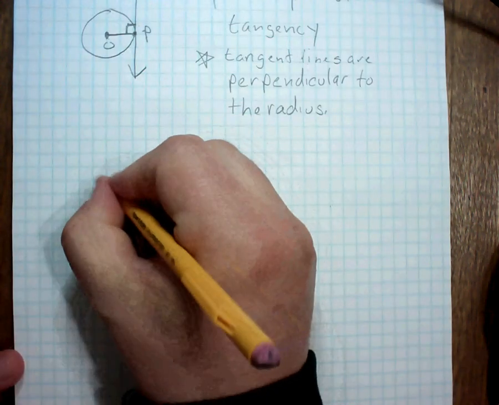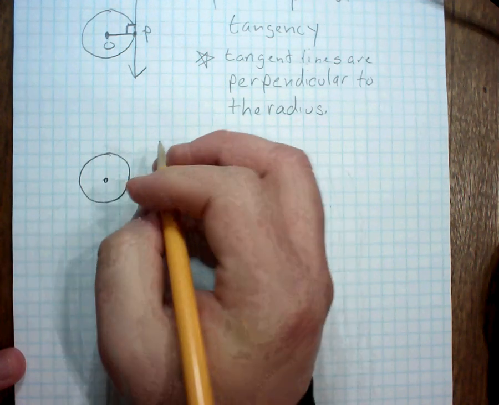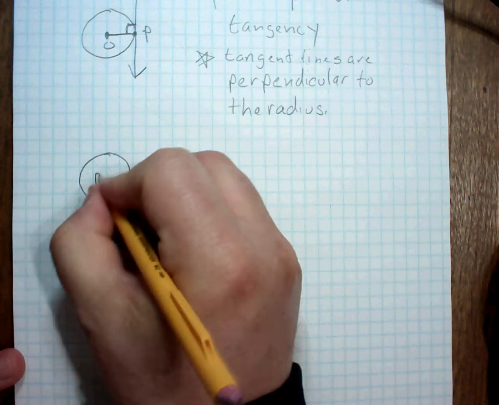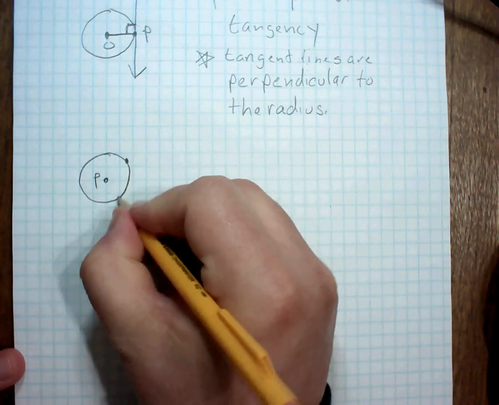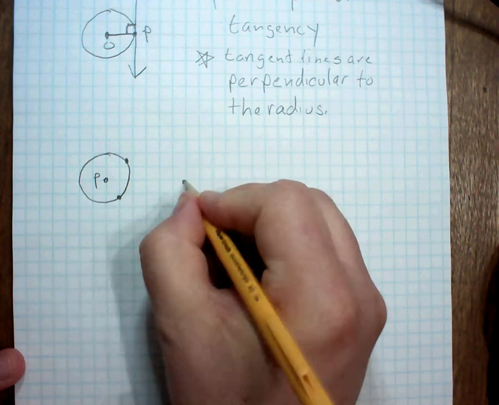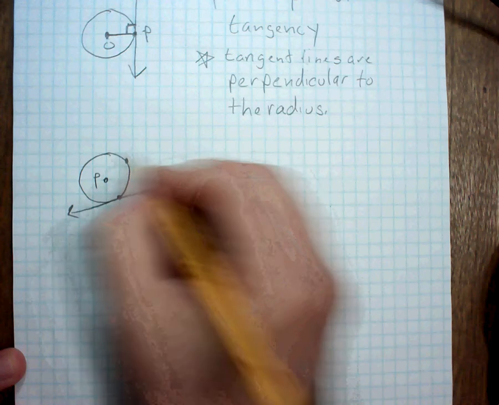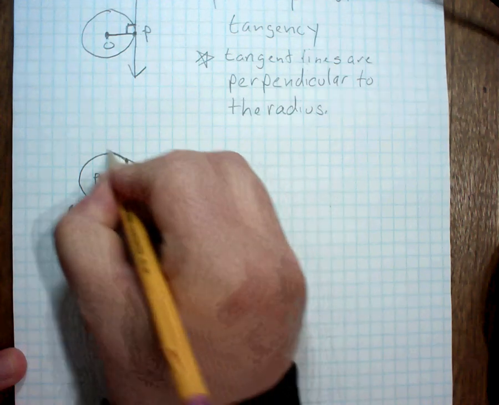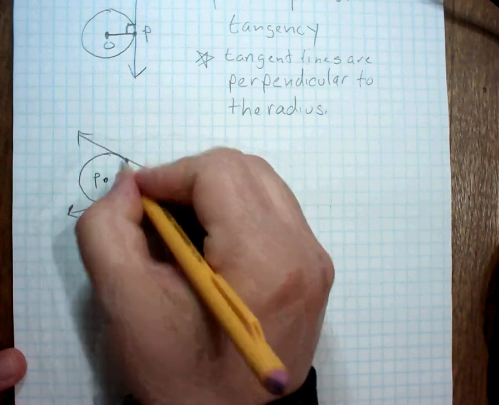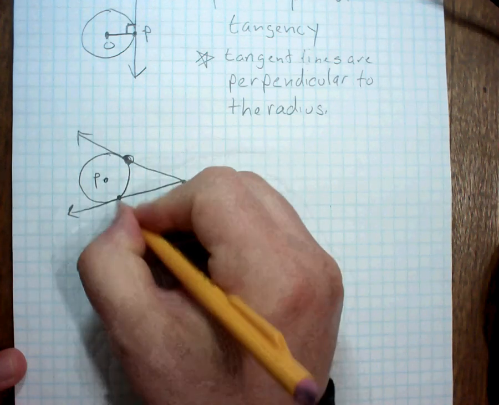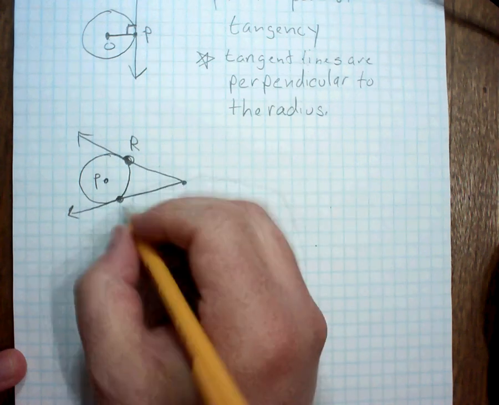Another thing that I want to talk about before we jump into problem number 2 is that if you have a circle and you have a point of tangency here and a point of tangency here, and they have a common point, then they are congruent.